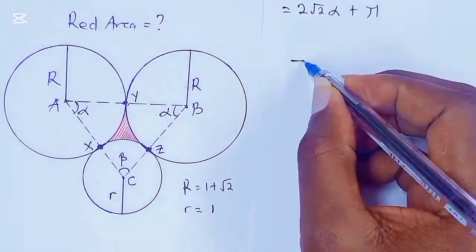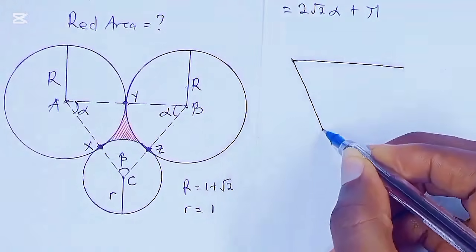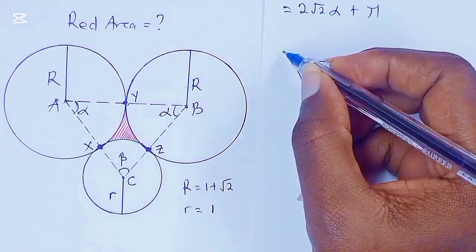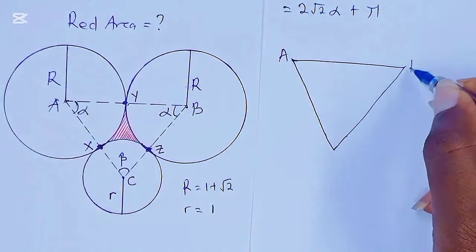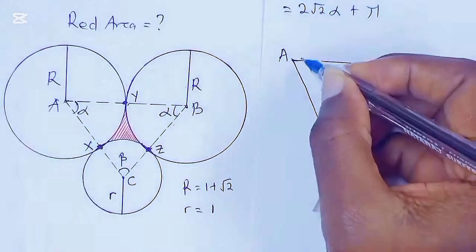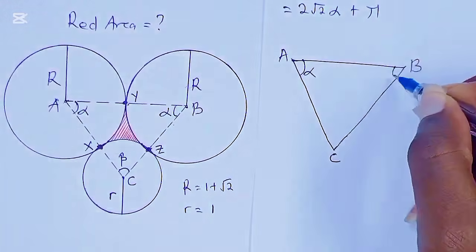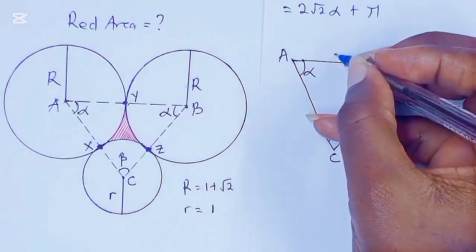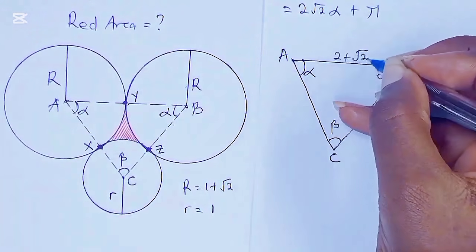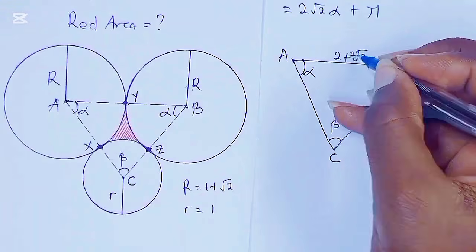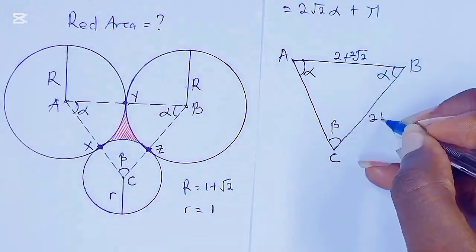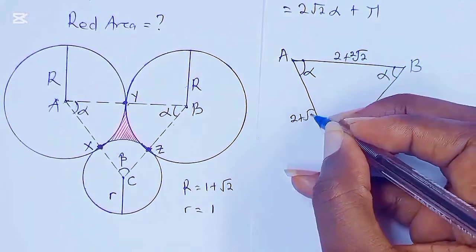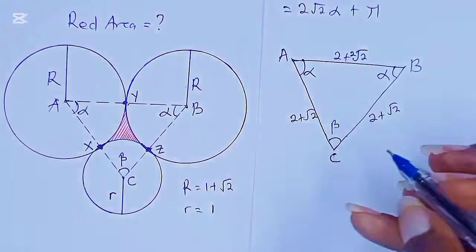So now from triangle ABC, where this is alpha, this is beta. So this is 2 plus 2 root 2. Then this is 2 plus root 2, and this is 2 plus root 2.